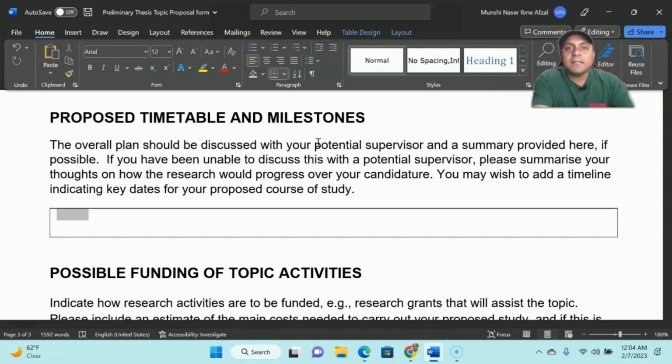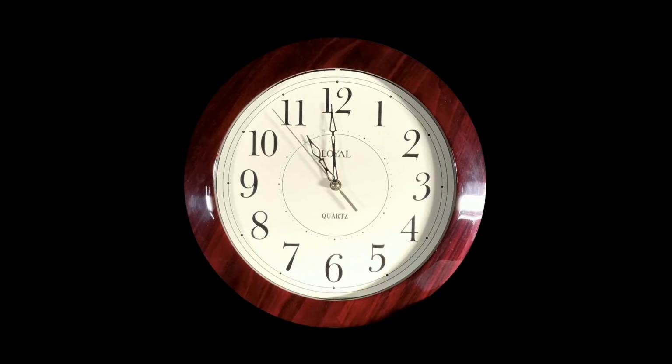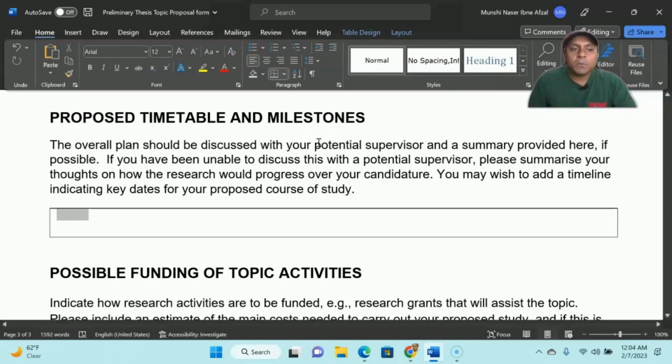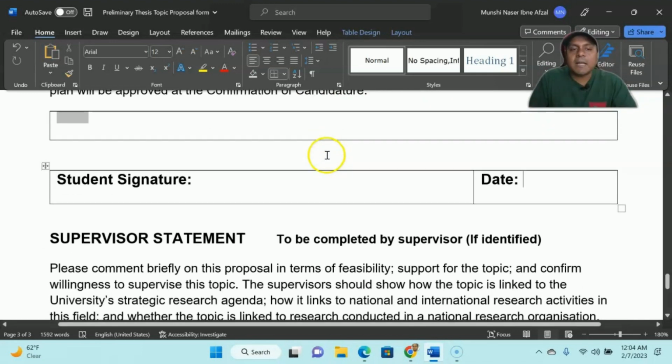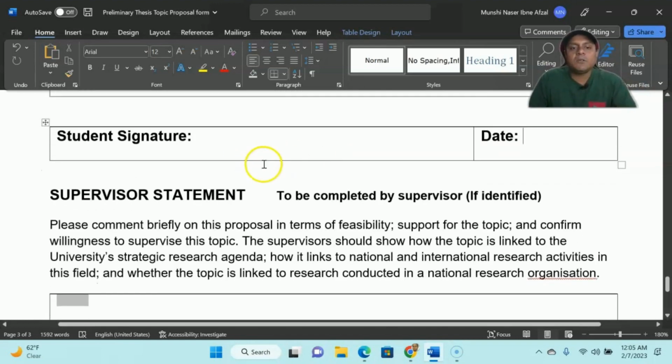Let's say it is a 3-year program, so in each 6 months of the year, how do you achieve your goal? Put that timeline very specific. Then the supervisor will understand that you are very focused on your study. Okay, and then possible funding of topic activities, you can discuss that as well, where you are asking for money or funding support, and then your signature.